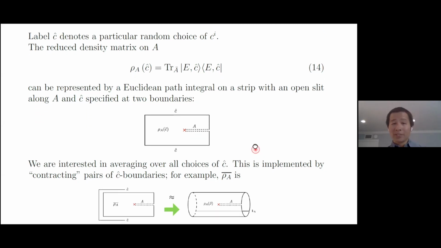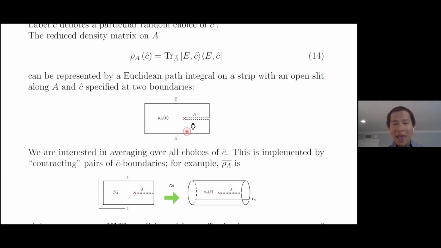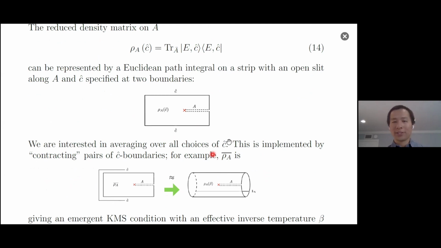So we're interested in doing the average over all choices of C hat. We're not interested in a particular value, but we're interested in the average. This is implemented by contracting pairs of C hat boundaries. So for example, if we compute the average of rho A, well, there are only two C hat boundaries, so we can contract them in pairs and join them.